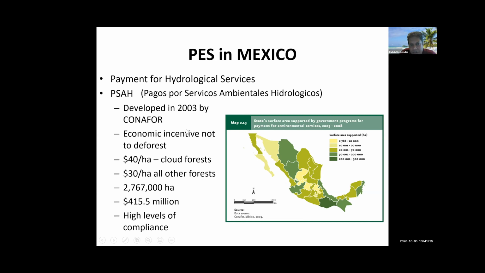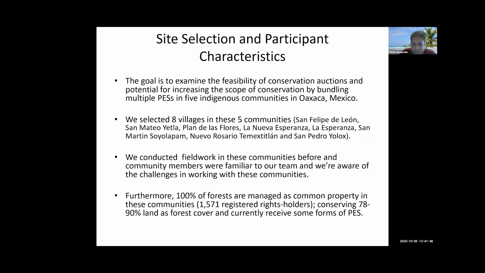It was started by CONAFOR, which is the main forest agency of the government. And the payment for hydrological services has been quite successful in terms of producing the services that it's intended to, and also making it sustainable in terms of getting the funds to the indigenous communities who are living in the forested land.